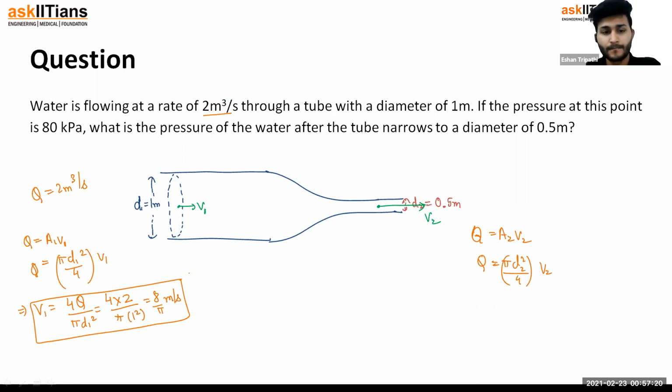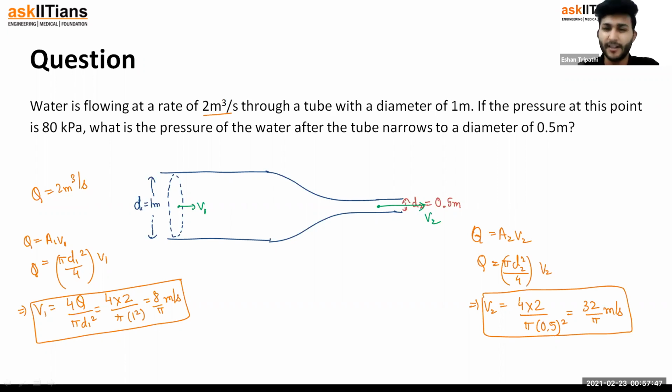Similarly, we can find the speed V2 at this point. That will come out to be 4 times Q divided by pi into the diameter 0.5 square, which is 32 by pi meters per second. So it's 4 times the speed on the left because the diameter is half, radius is half, area is 1/4. So speed is 4 times, it had to be so.